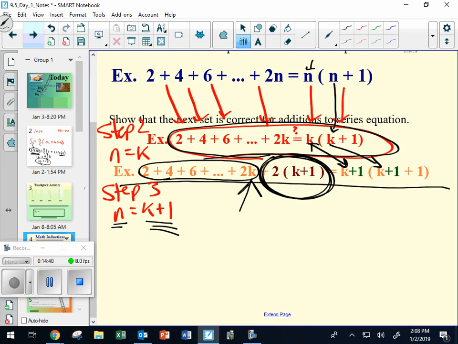If I changed this right here to a k plus 1, wouldn't it be true that the term right in front of this would have been 2 times k? So if you want to think of it that way, you can. We're just swapping everything that was a k and originally was an n with a k plus 1.